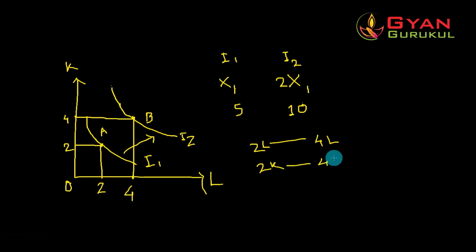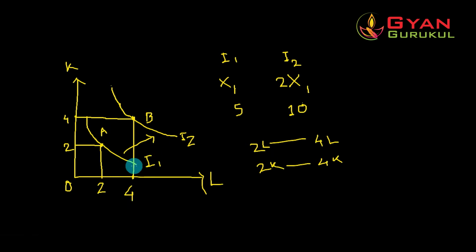That is a 100% increase in labor and a 100% increase in capital. And this 100% increase in factors of production has put us on an isoquant which represents an output that is also 100% higher than the previous output.